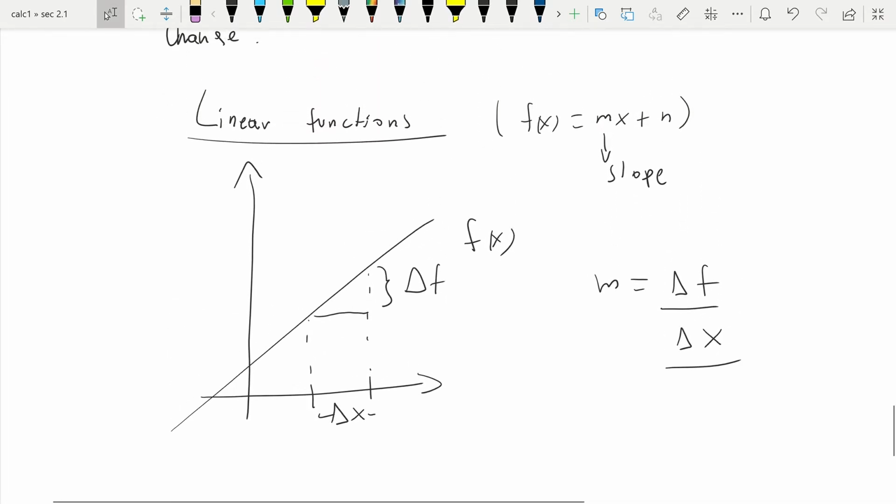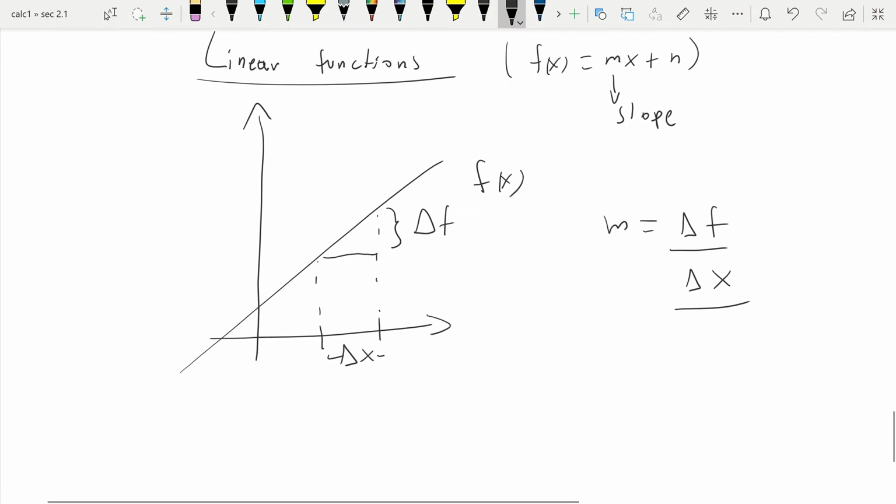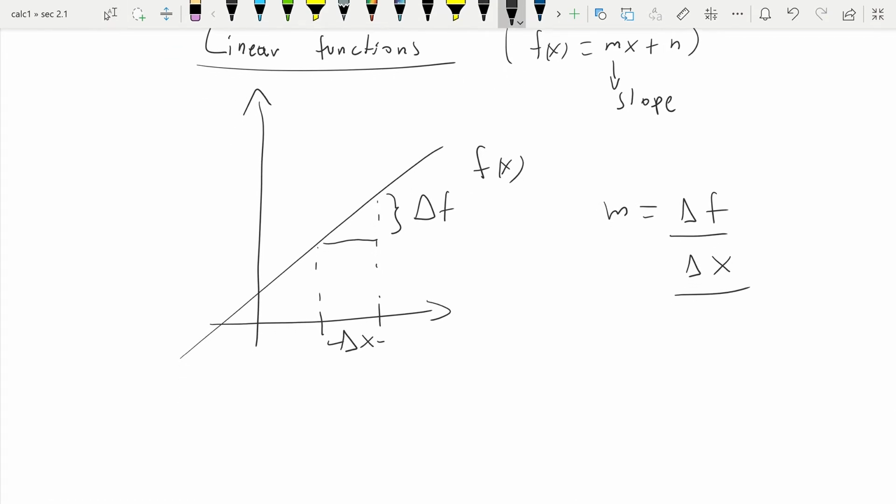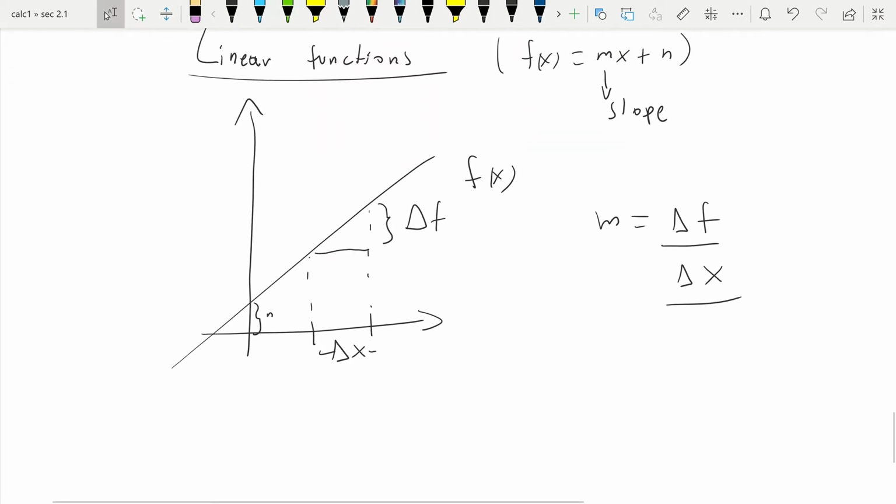And here's just the value of f at 0, so this height over here. Later on we'll use other expressions for a linear function.